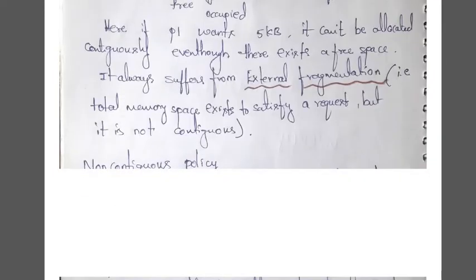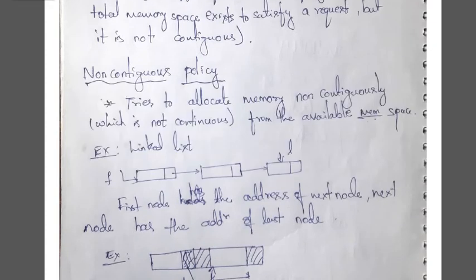Next is the non-contiguous policy, or how we deal with non-contiguous memory allocation. The non-contiguous fashion tries to allocate memory in a way that is not continuous. For example, take a linked list.